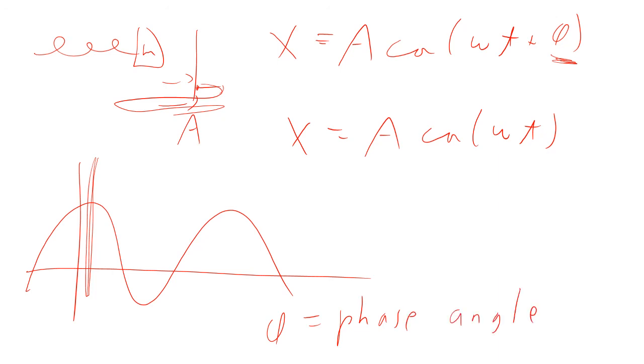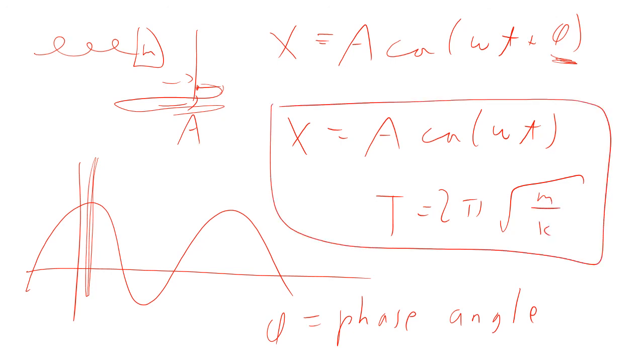Basically, the only thing it does for you is tell you the adjustment you make to the equation for not starting at the extreme. And then omega is the angular velocity, and that gave us the period, which is 2 pi square root of m over k.